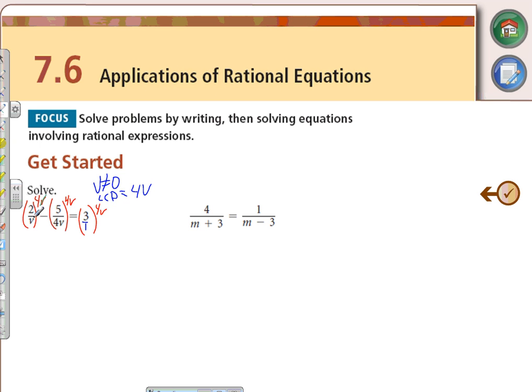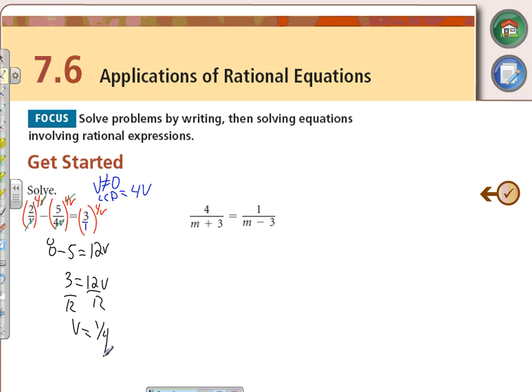So then the V's cancel off, the 4V cancel off, and we get left with 8 minus 5 is equal to 12V. 8 minus 5, that's 3 equals 12V. Divide by 12. V is equal to 3 over 12, which is 1/4. That's not the restriction, so it's good.